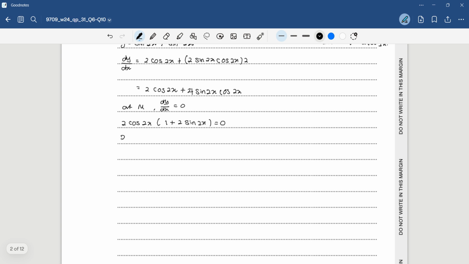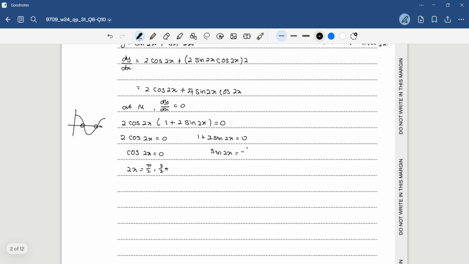So 2 cos 2x equals 0, so cos 2x equals 0. If you sketch the basic cos graph, cos is 0 at pi over 2 and 3 over 2 pi. Therefore 2x equals pi over 2 and 3 over 2 pi. Whereas the other factor, 1 plus 2 sine 2x equals 0.